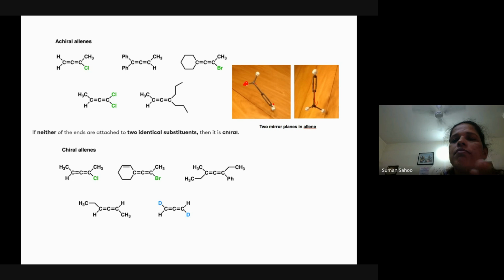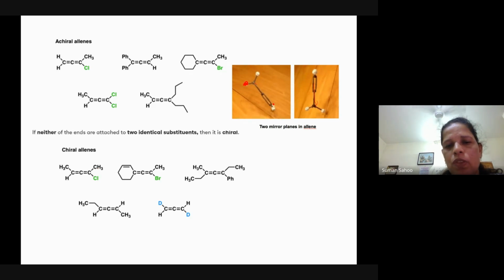So this has a mirror image, and these are resolvable, or you can separate these enantiomers. They exist as 2 different isomers. So chiral allenes must have different substituent groups. So these are your chiral allenes, because there would be no plane of symmetry.